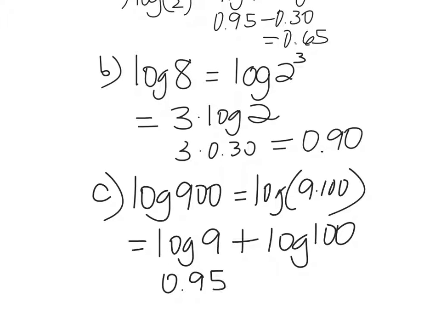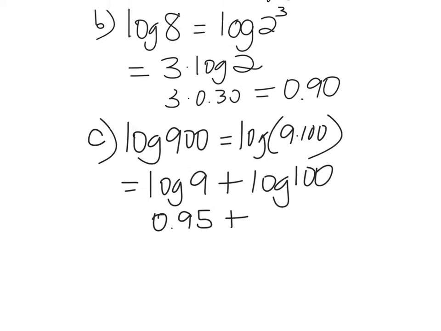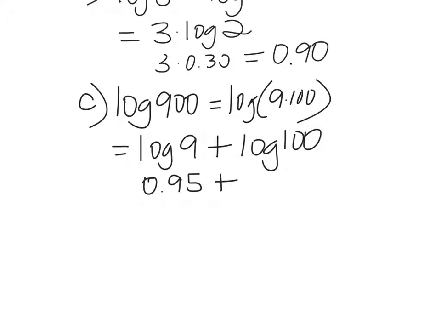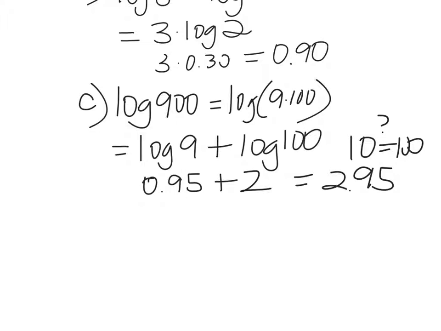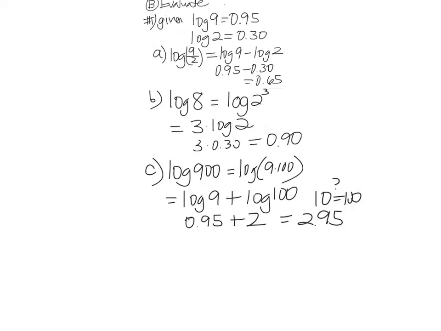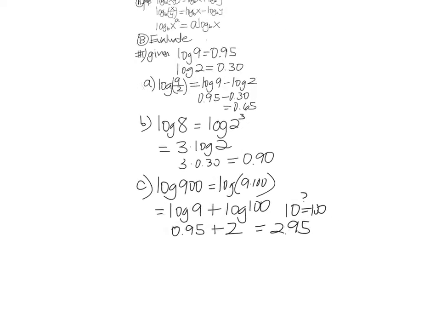What's the log of 100? Remember how to evaluate a log? The log would be: 10 is the base to the what exponent gives me 100? A log is an exponent. You're trying to find the exponent that would go on the base of 10 to give you 100, and that would be 2. And so your answer would be 2.95. Aren't these fun, you guys? Okay. So that's evaluate given some information.